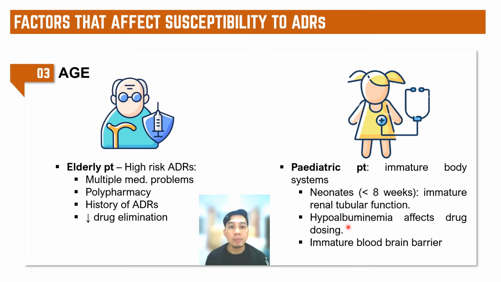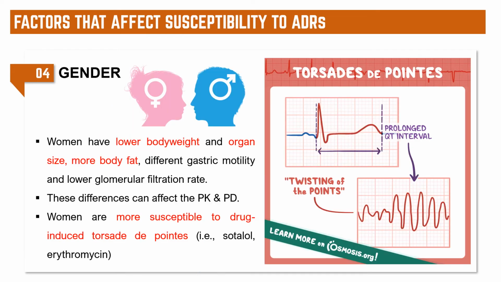Physiologic hypoalbuminemia in neonates affects the drug dosing, so caution is recommended when dealing with highly protein-bound drugs such as NSAIDs. Neonates also have low body fat, which might be affected by fat-soluble drugs, and it will increase the anesthetic effect due to an immature blood-brain barrier at less than 8 weeks of age.